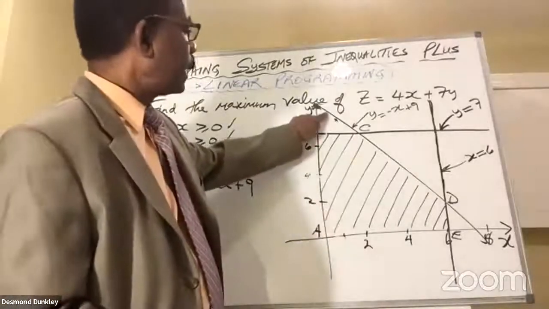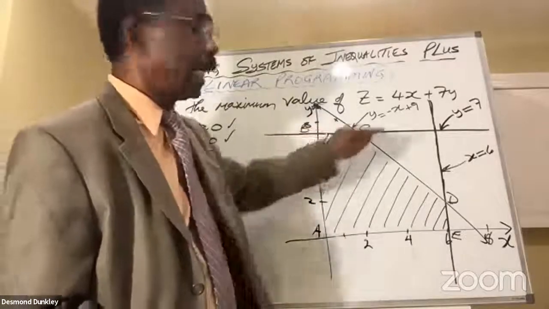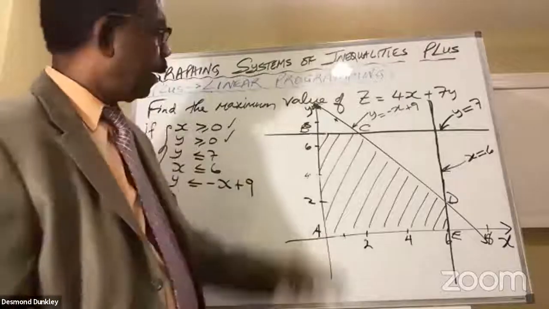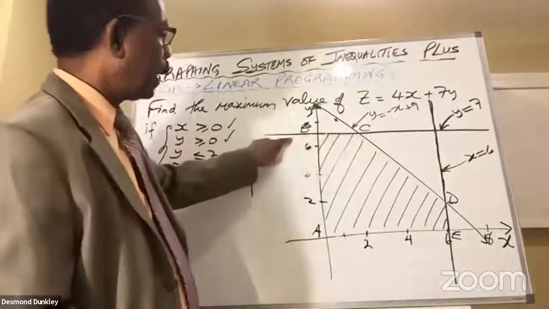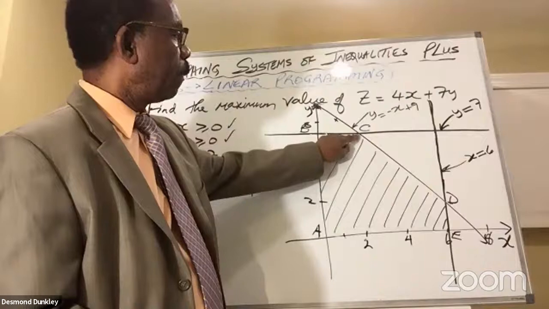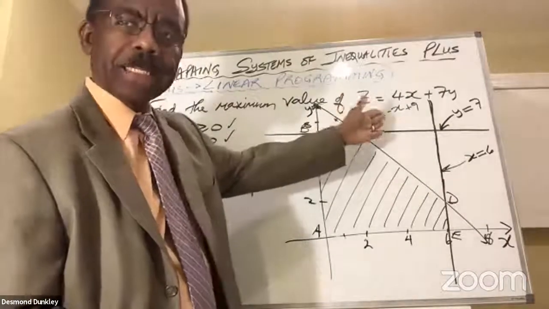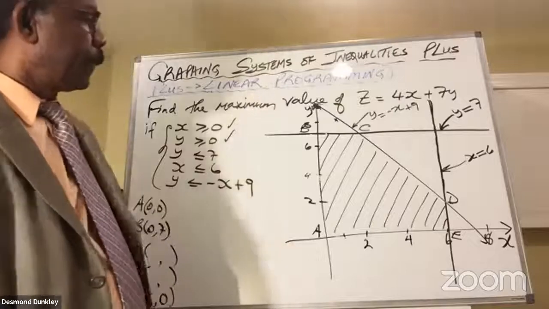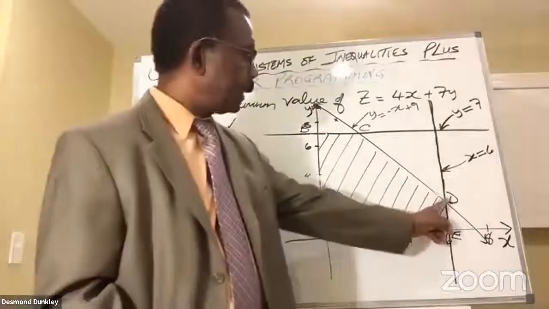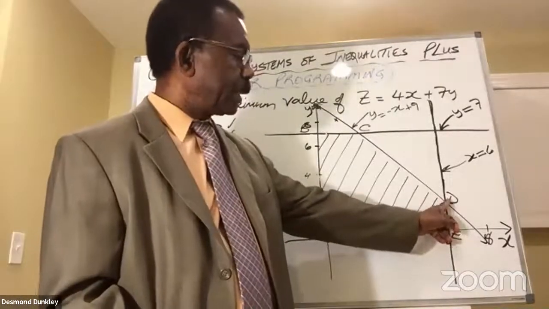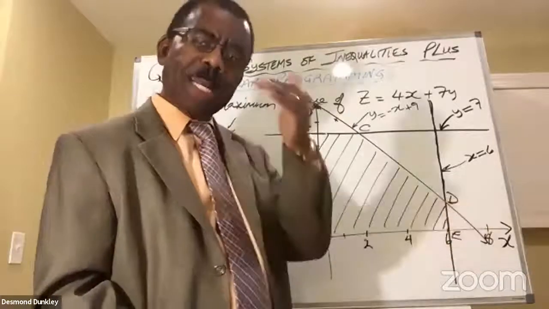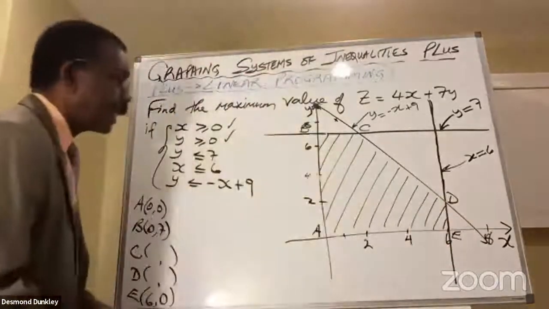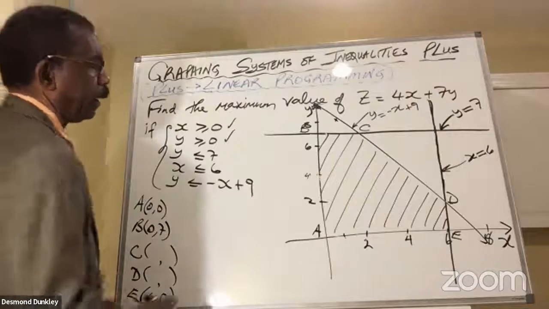It's going to be where this line crosses this line. Okay? This line, we know that y is 7. But the question is, what is x when y is 7? Okay? And then here, we know that x is 6. But the question is, what is y when x is 6? So we need to work those out. So let's get to work.